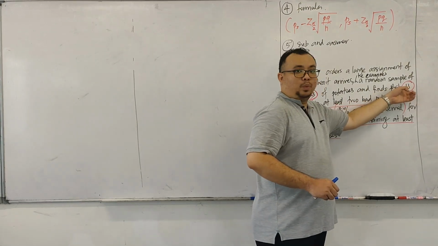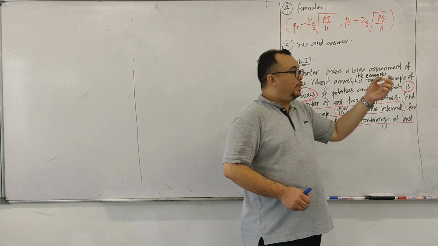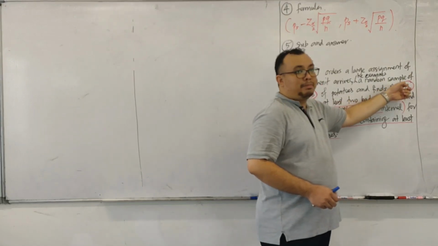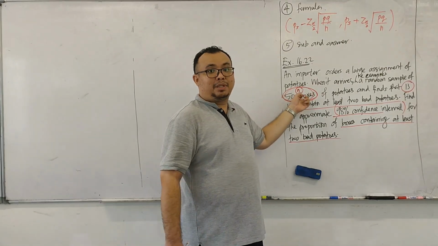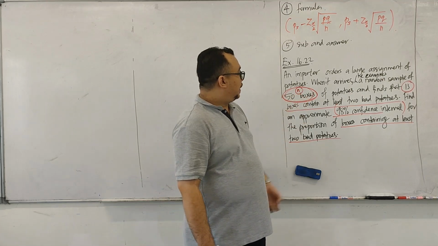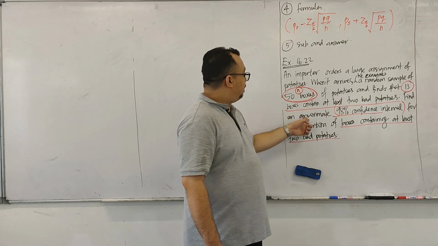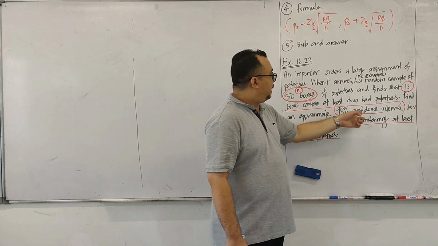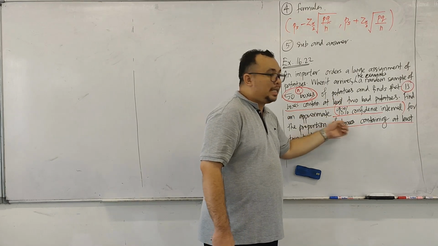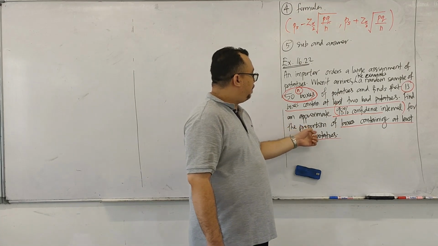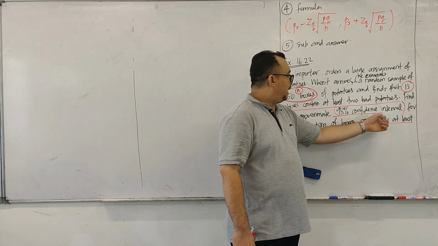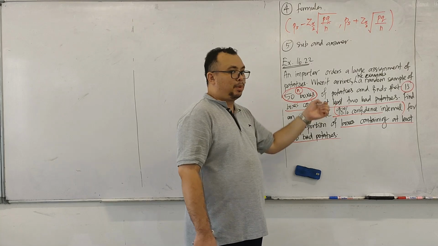So this 13 will give you a hint. What do we mean by 13? So 13 out of 50 will become your proportion. Okay? Find an approximate 98% confidence interval for the proportion of boxes containing at least 2 bad potatoes.